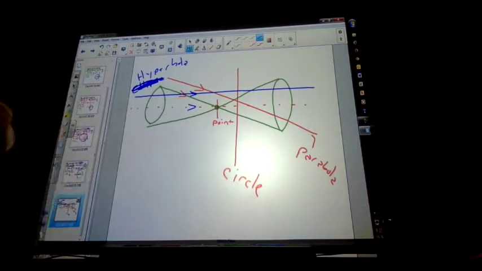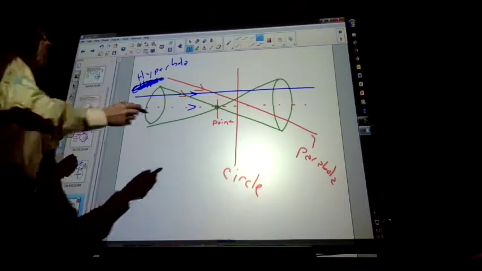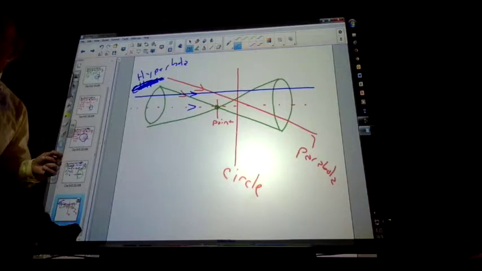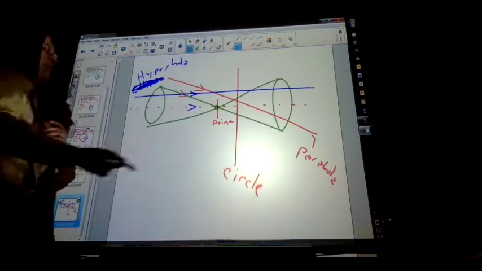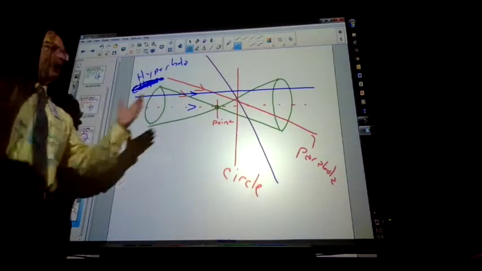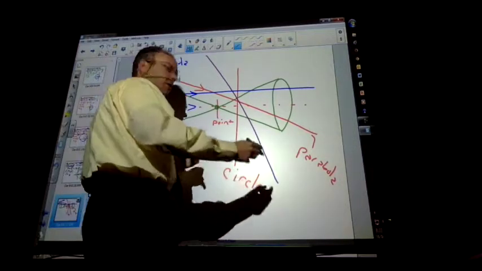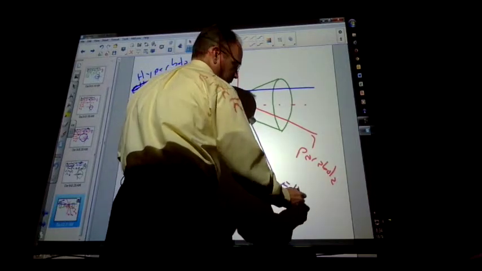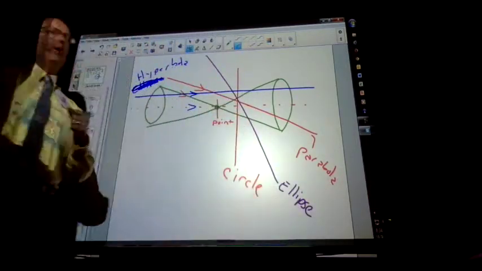So, hyperbola. And then the last one is, if you cut the conic section with a line that is not parallel or perpendicular to any of the other lines, so you have an oblique line, if you take a look at this, it creates that oval, which is your ellipse. And that's how all of those are generated.